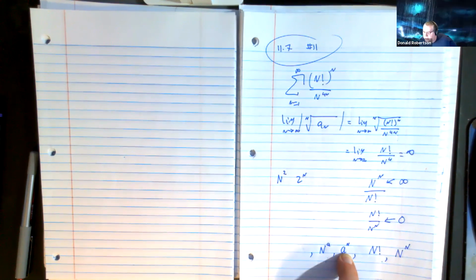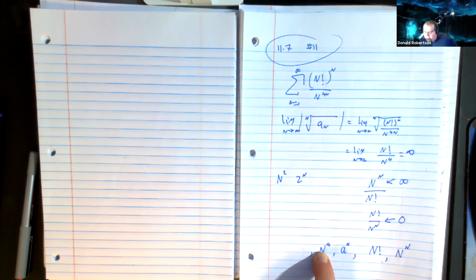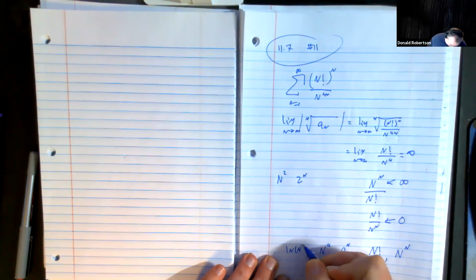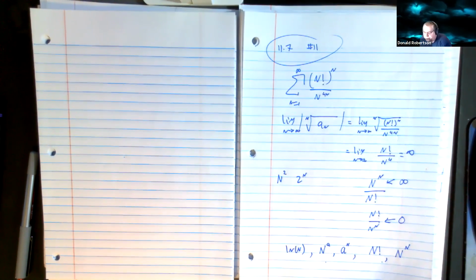Like 5 to the n, e to the n, 2 to the n. Anything to the n will beat n cubed, n to the 7, n to the 10. The next guy after that is basically just a log. Logs take forever to get infinite. Do you know to base 10, the log of 1,000,000 is only 6? You see how slowly it gets to infinity.